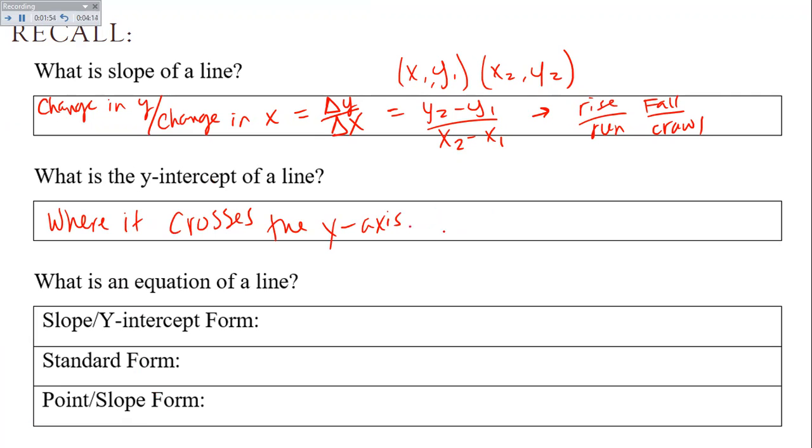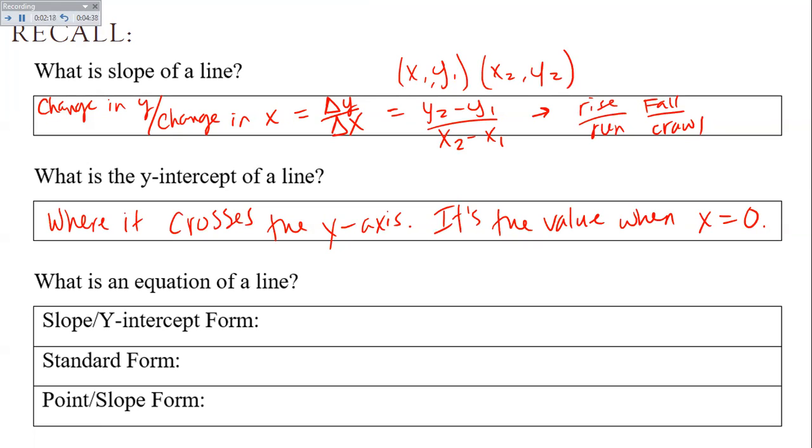Okay, it's the value when x equals 0. So it's when it crosses the y-axis. It's the value when x equals 0.